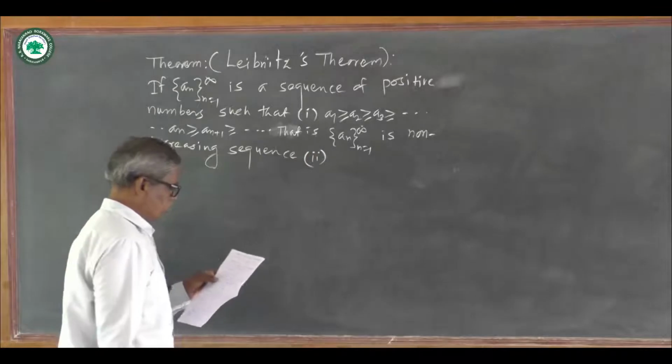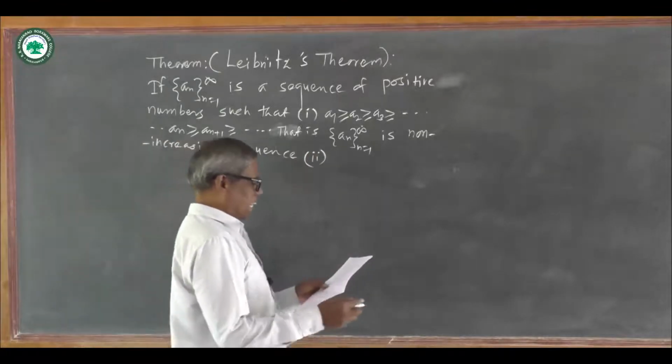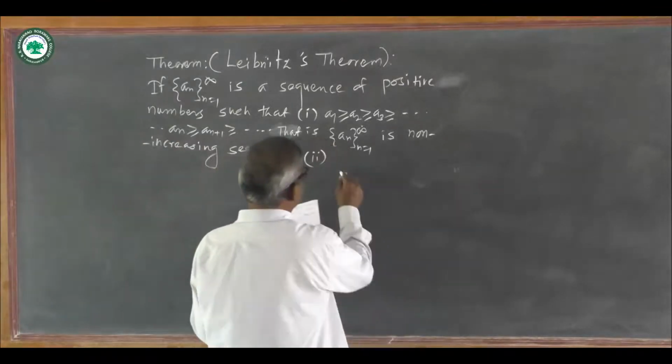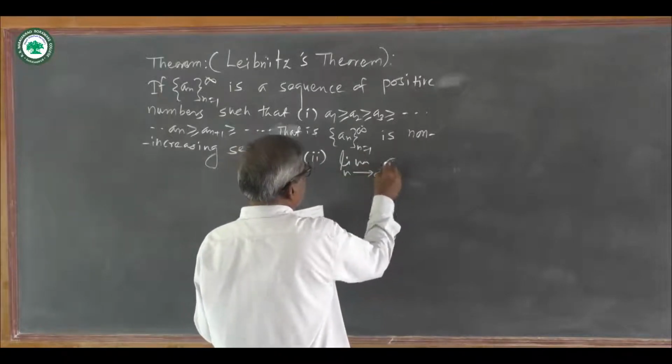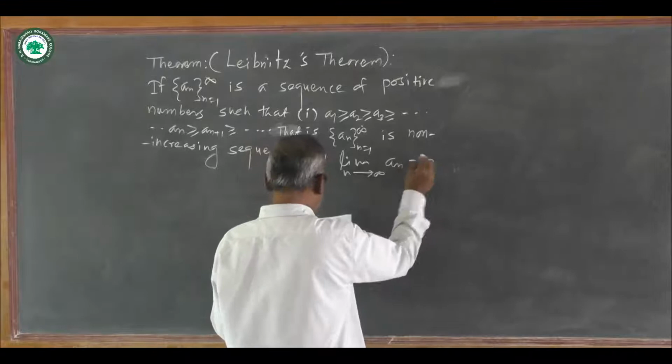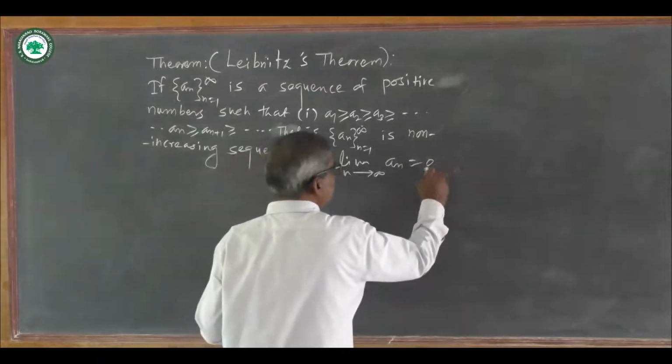Second, the limit as n tends to infinity of a suffix n is equal to 0.